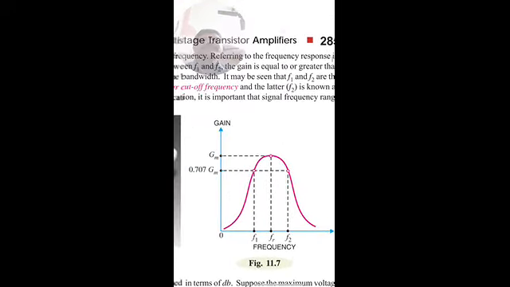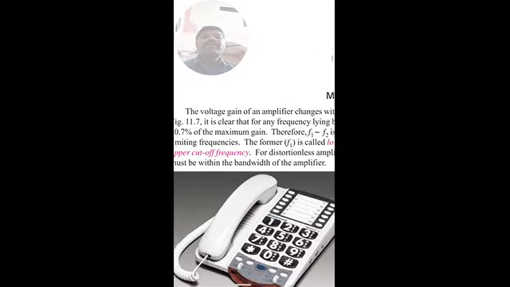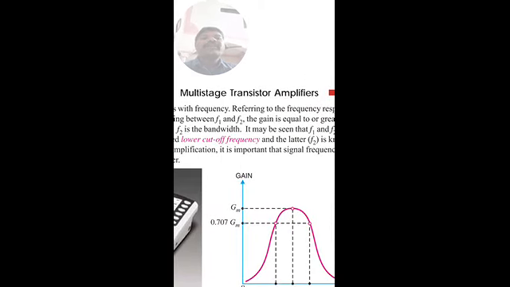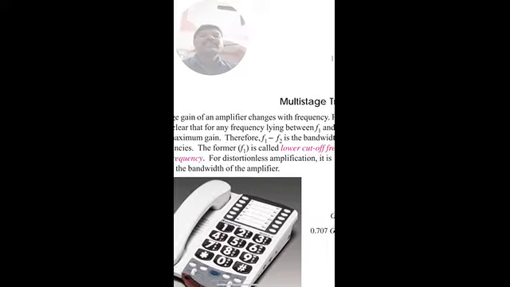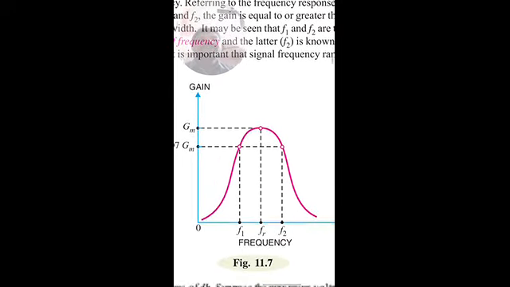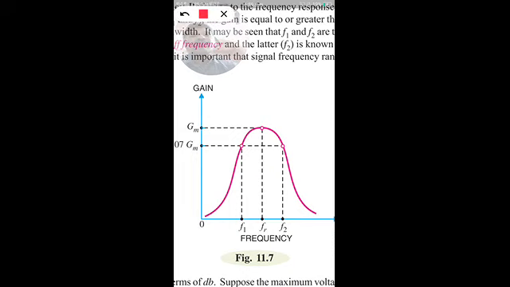Observing the frequency response curve, for any frequency lying between f1 and f2, the gain is greater than or equal to 70.7% of the maximum gain. See here. So for all frequencies in this range between f1 and f2, the gain remains here.